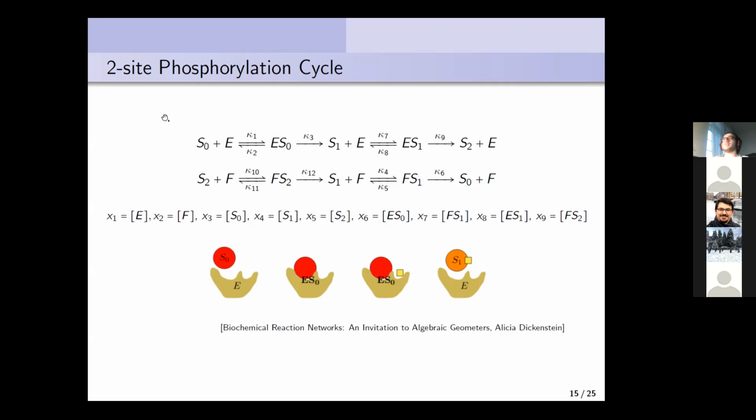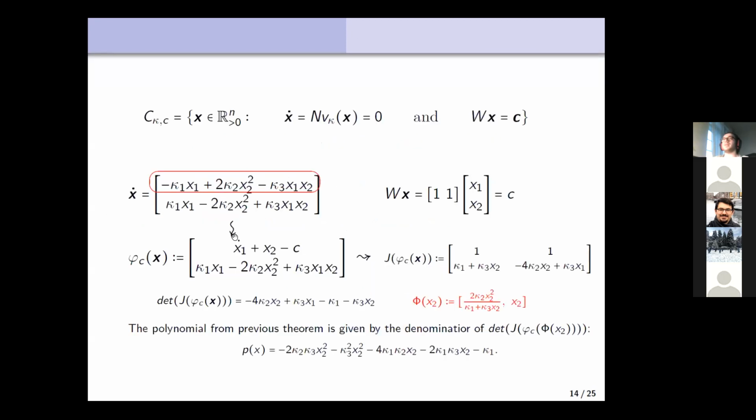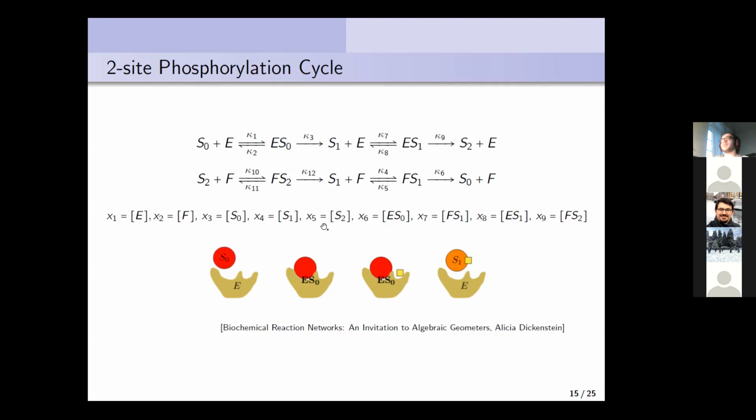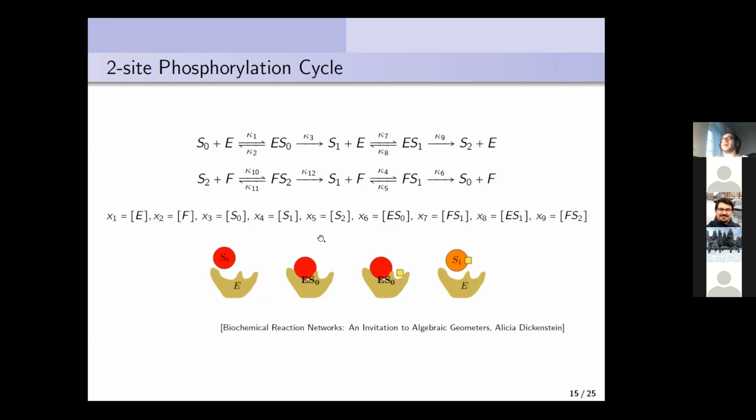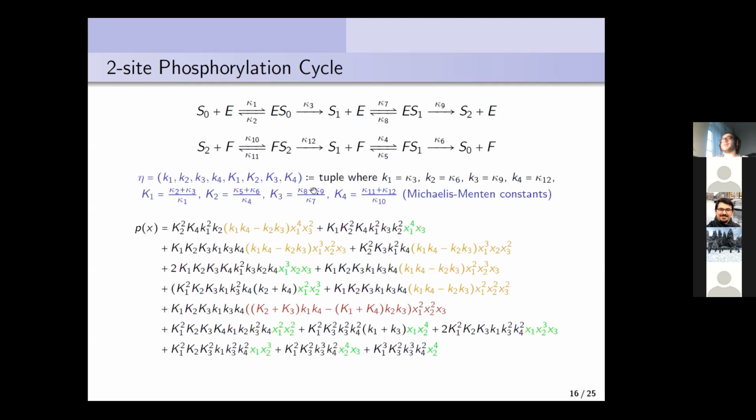So it means that our phi C that we see over here will have 12 rows. I'm not going to show you the exact steps because the matrices are huge and it's going to look ugly. But let me directly show you the polynomial that we get if we apply the same procedure.